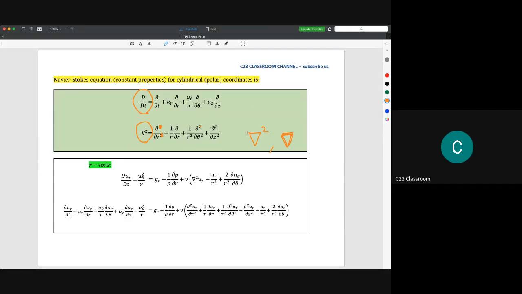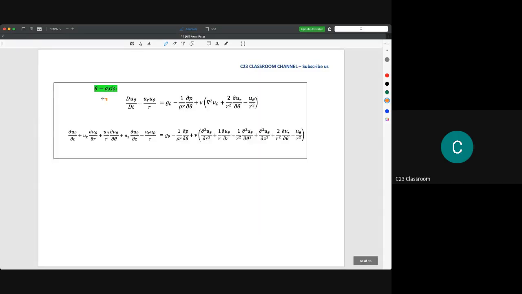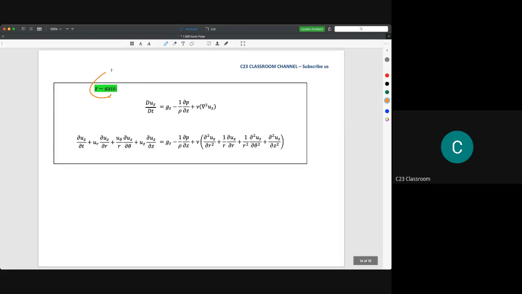That's the idea. I hope you remember all of this. We have three axes: the r-axis, the theta axis, and also the z-axis.